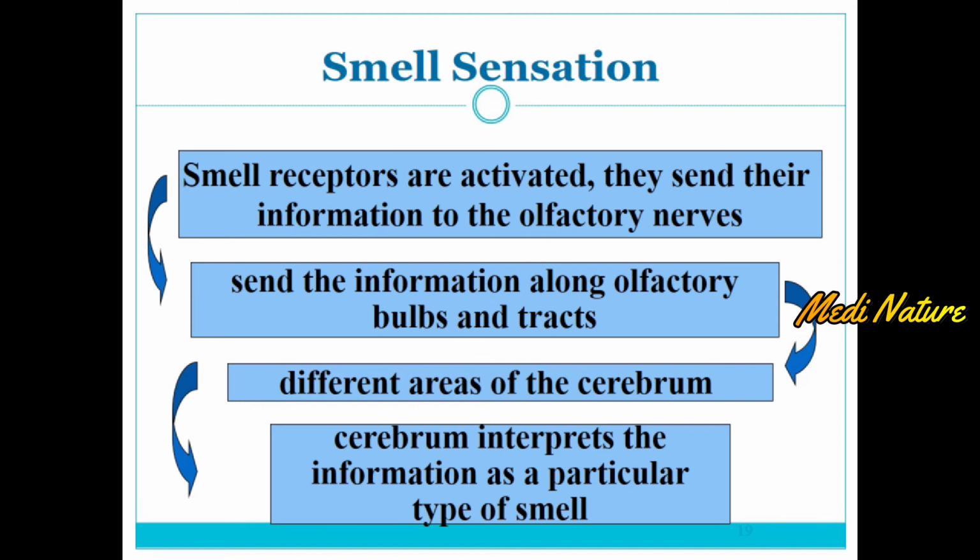Olfactory nerves send the information along the olfactory bulb and the tract. This information is received by different areas of the cerebrum, and at the centers of the smell sensation, the cerebrum interprets the information and then detects it as a particular type of smell.